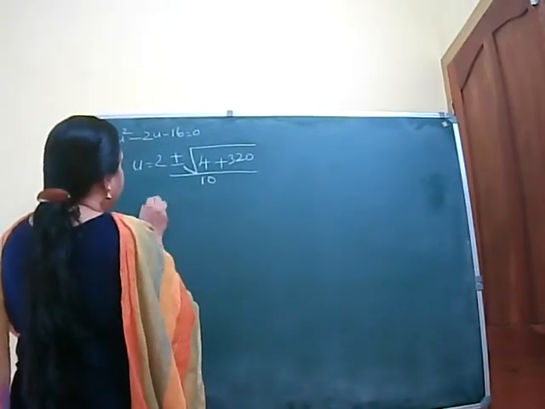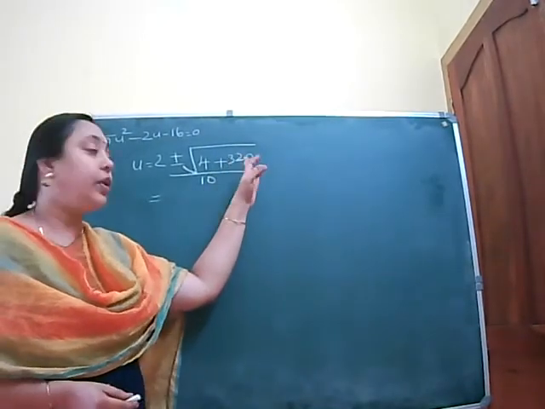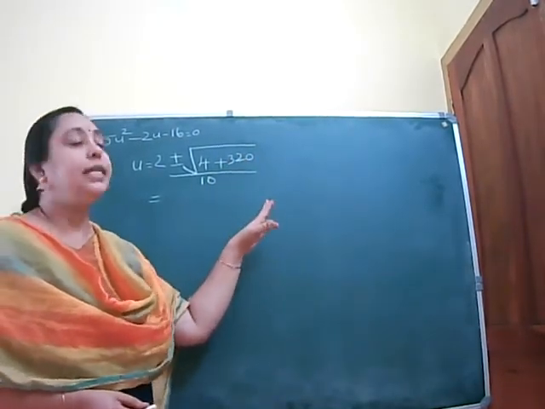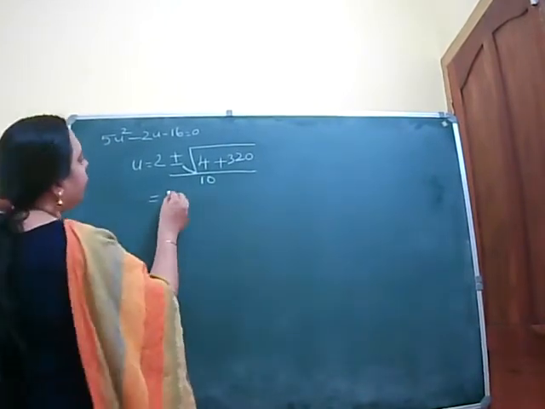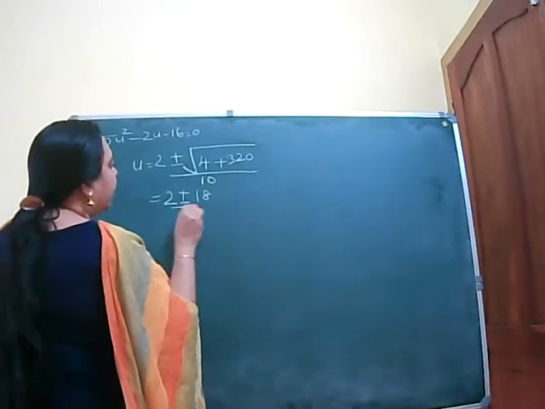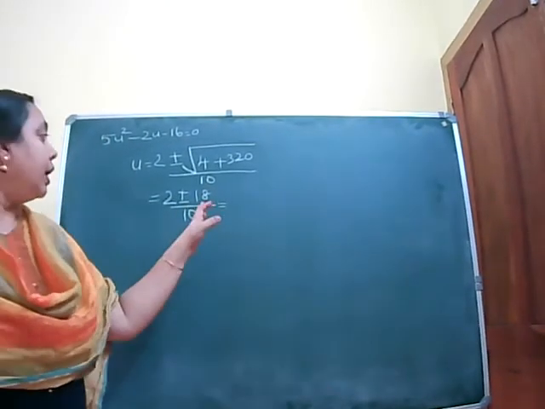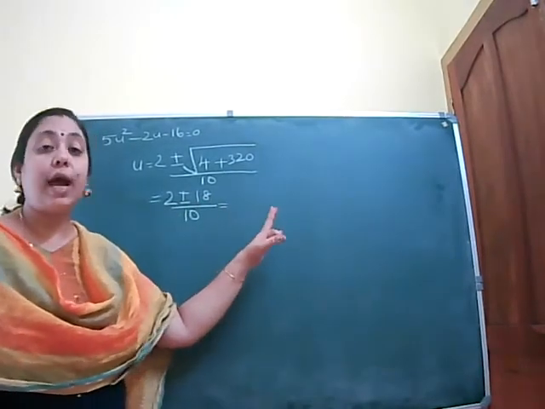We get here the square root of 324, that is 18. So this becomes 2 plus or minus 18 divided by 10. Okay, here we get two values.